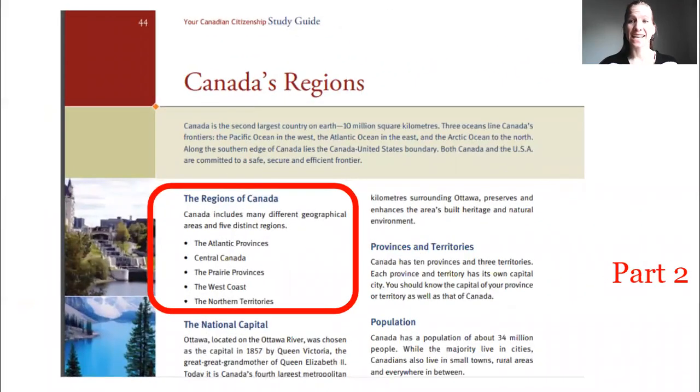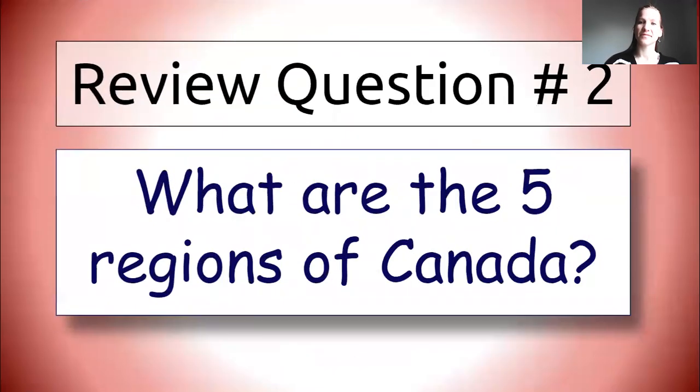In my second video, part 2, we studied the regions of Canada. Review question number 2. What are the 5 regions of Canada? If you don't know, you can watch my video part 2 again.